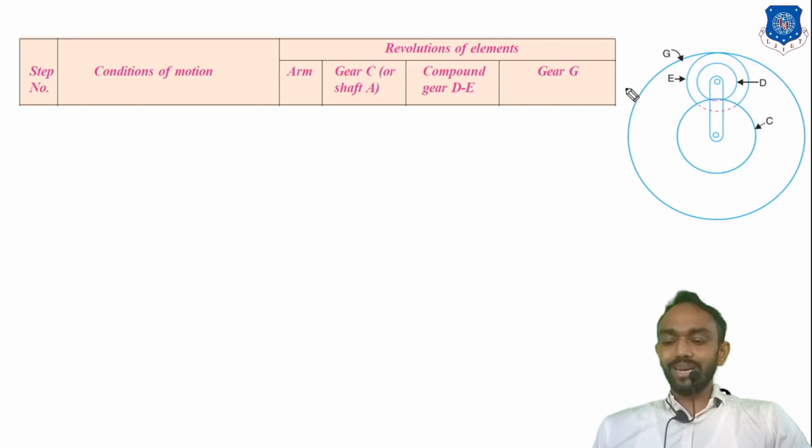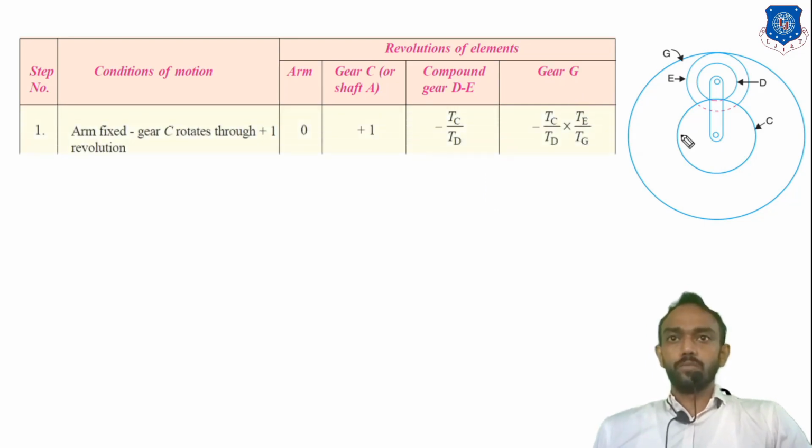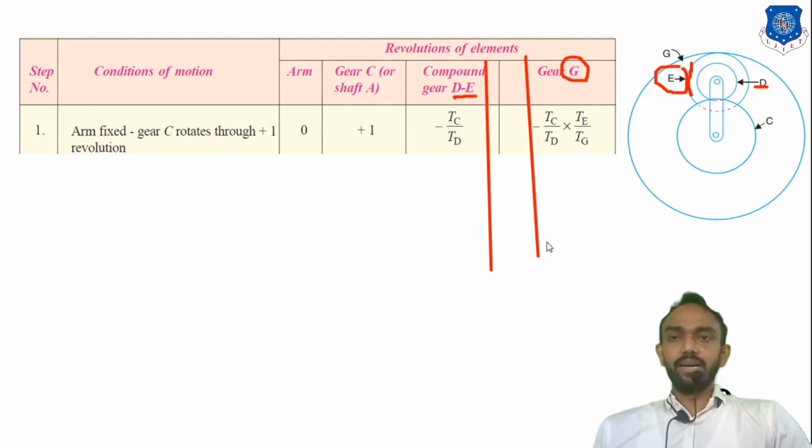And what will be in the last column, G? So check this. You know that G is connected to E, and E and D are on the same shaft. So you can see D and E here. We don't need to put E in a different column. Some students make this mistake and make one other column and put the gear E there.